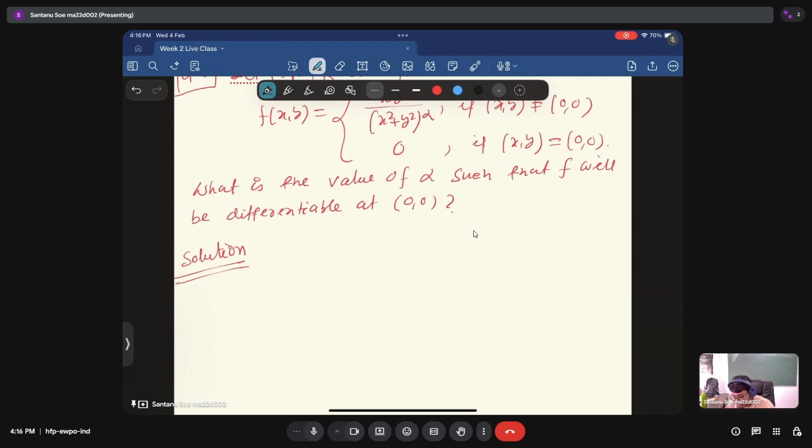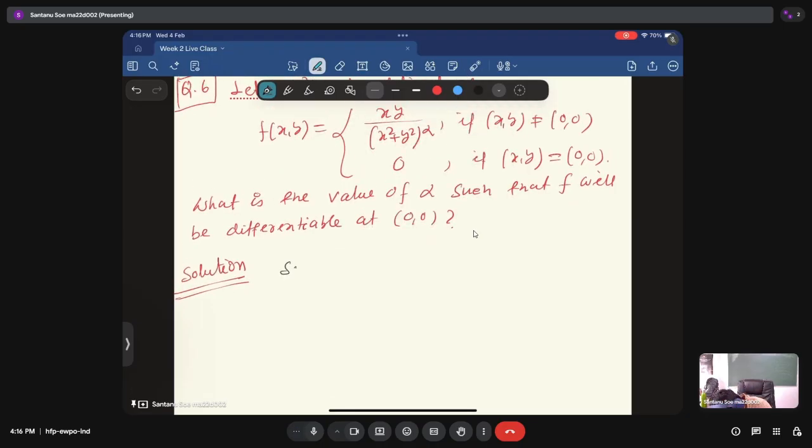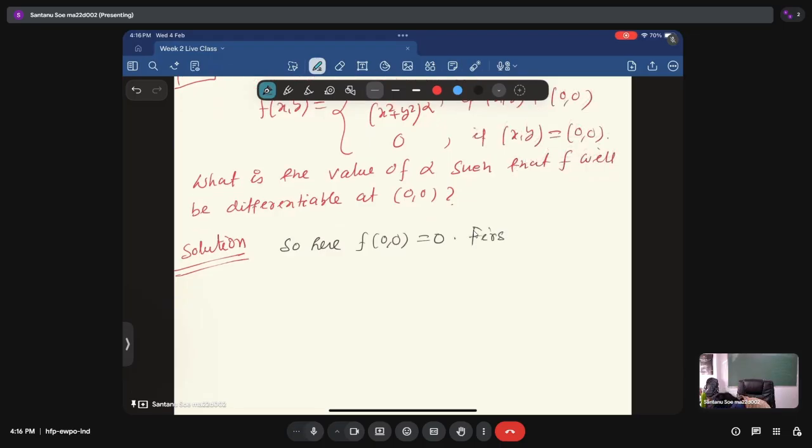So let us find the value of alpha such that the function is continuous at (0, 0). And so here f(0, 0) is 0.